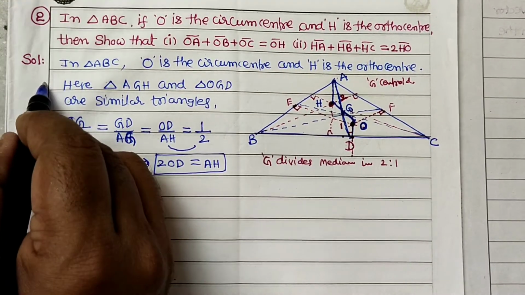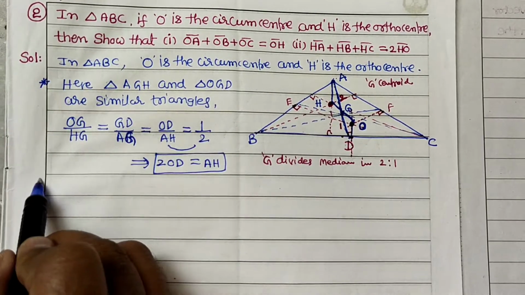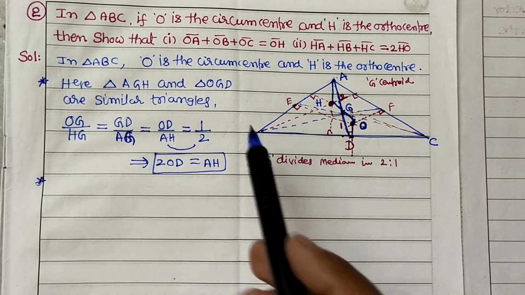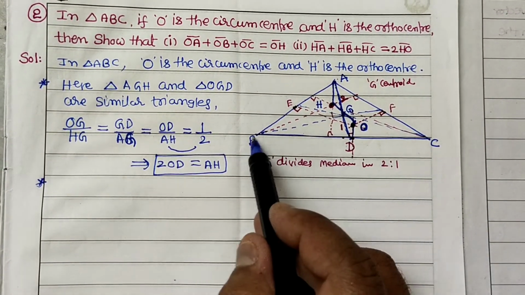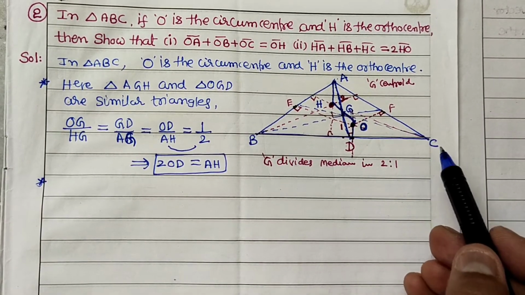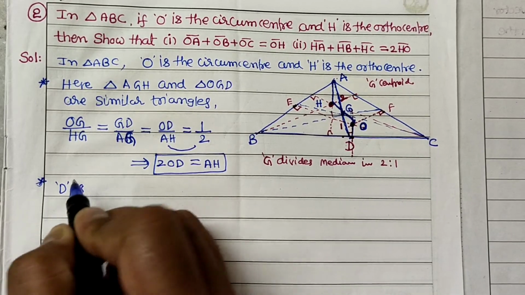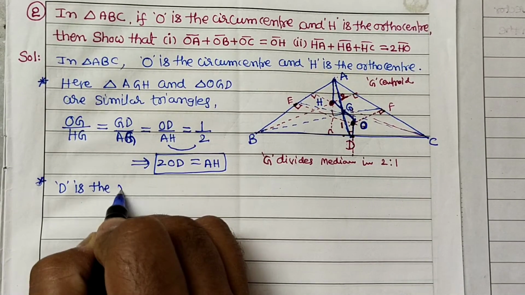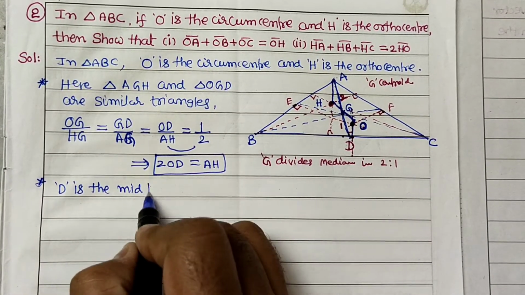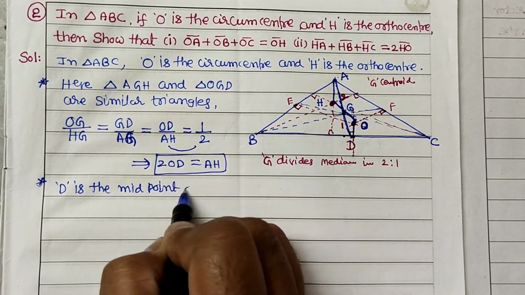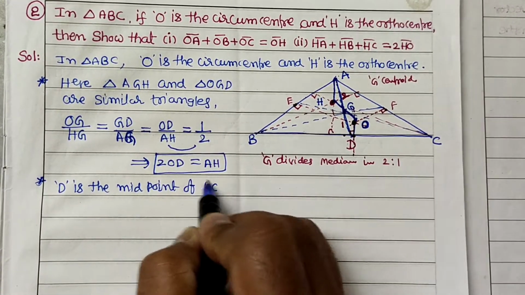After that, one more important thing is there. What is that second important thing? D is the midpoint of BC.